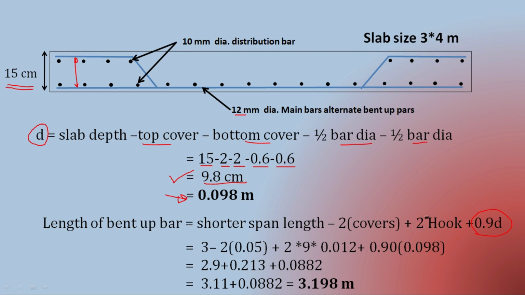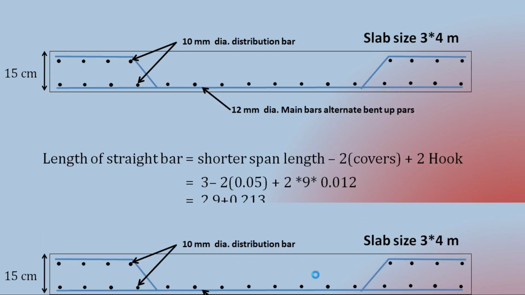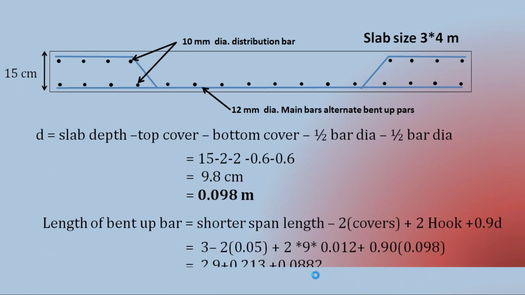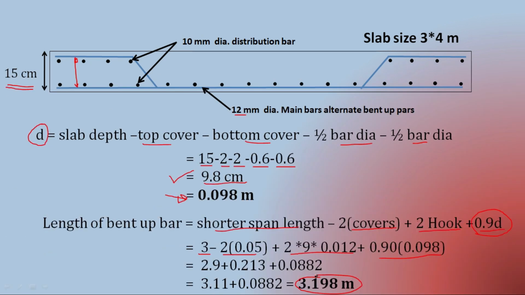So the length of the bent-up bar is equal to the shorter span length minus 2 side covers plus hooks plus 0.9 D. As you can see in this figure, we have 3 meters of shorter span minus 2 covers plus both side hooks, so 2 multiplied by 9 times diameter, plus the additional length required for the bent-up bar. For the bent-up bar we get the answer 3.198, which is greater than the length of the straight bar. It means our calculations are okay.